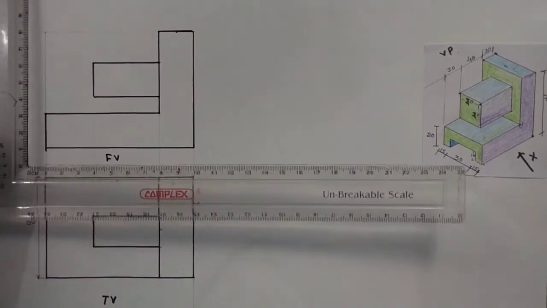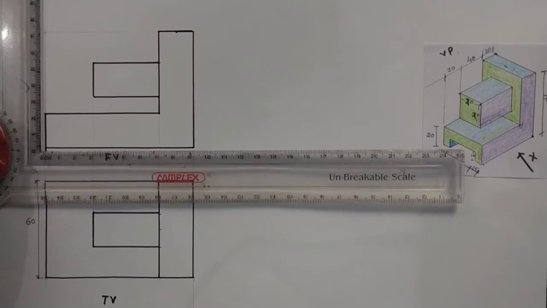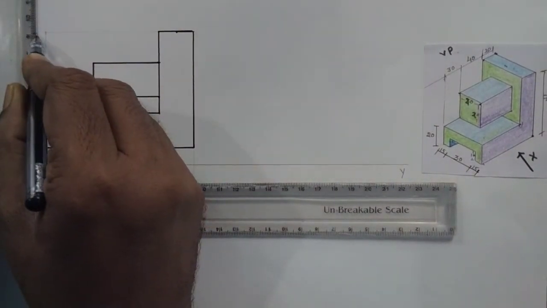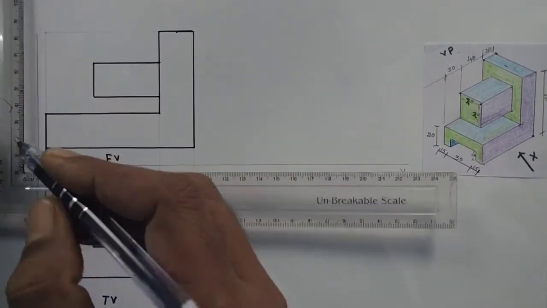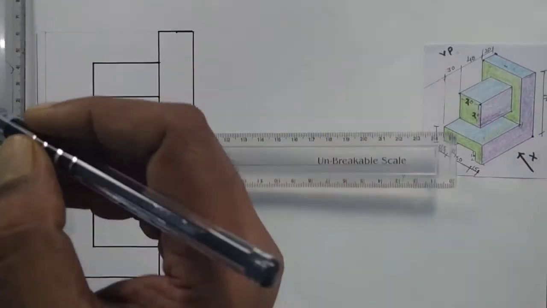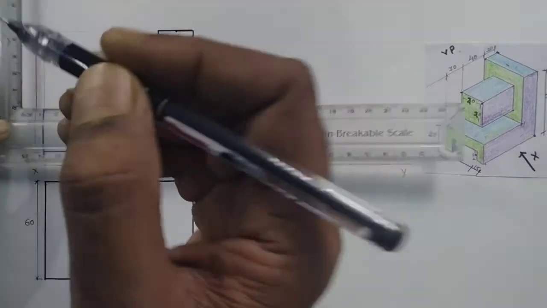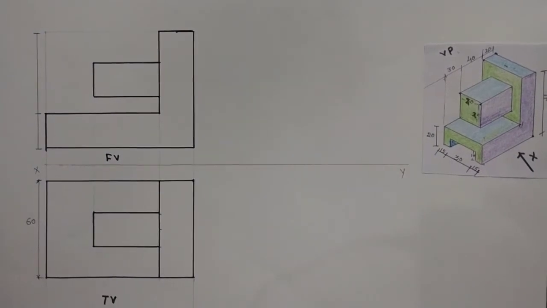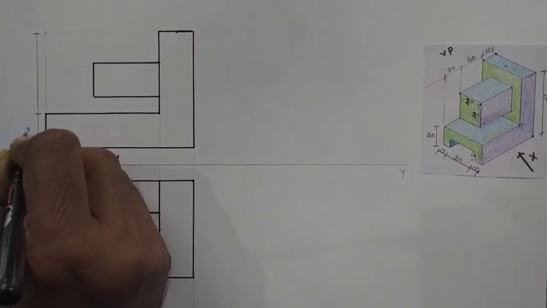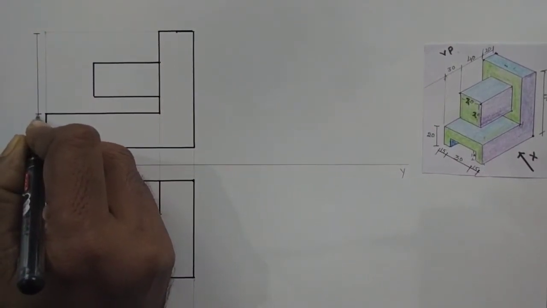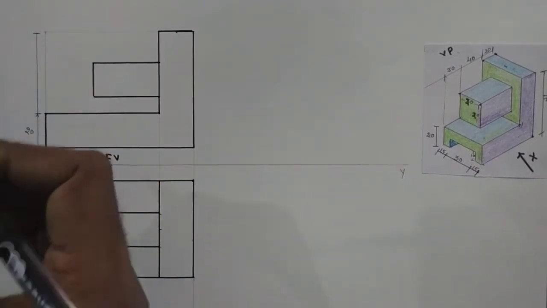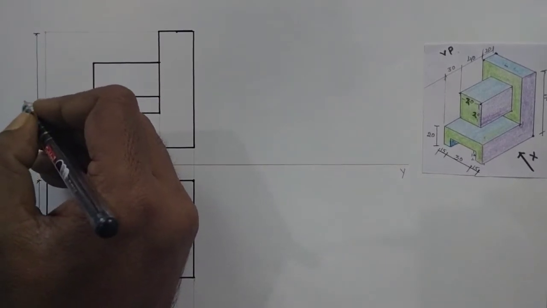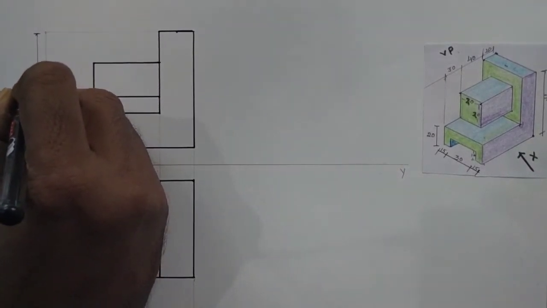Similarly, you can show the height of the object with two steps. You can show your 20 mm dimension, the height of the bottom plate, and the remaining part, it is your 50 mm.